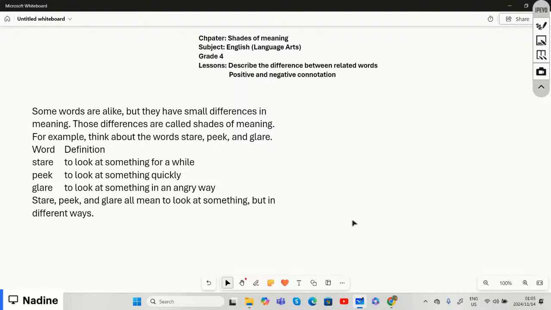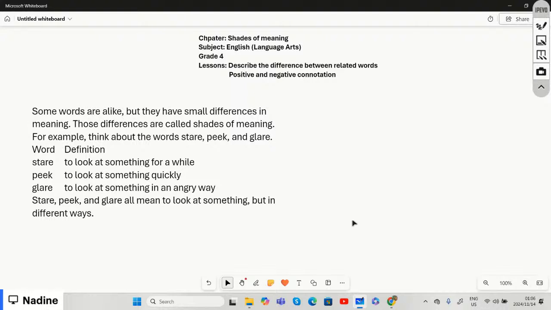So when it comes to shades of meaning, we said our chapter is shades of meaning.